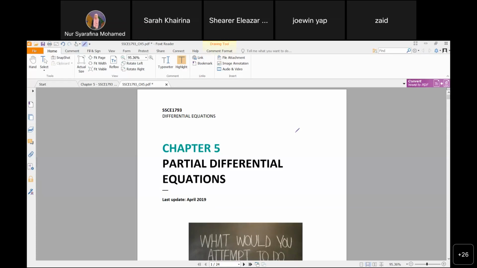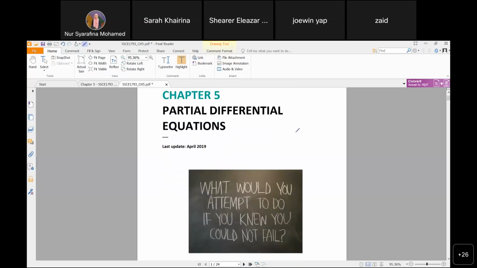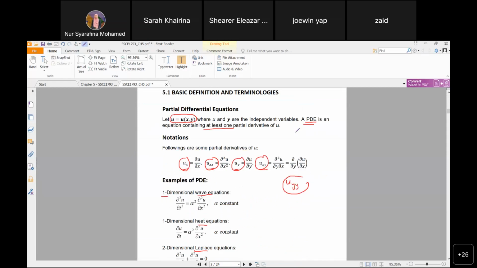Okay, so we have to know that a differential equation is a PDE, a partial differential equation, when there is at least one partial derivative of u. Let's say we have a function u in terms of x and y.